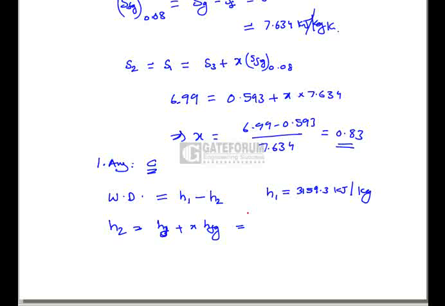But anyway, here H3 is equal to the enthalpy on the saturated line at 0.08 bar, which gives 174 plus X, which is 0.83, into HFG, where Hg at 0.08, that is saturated enthalpy of steam at 0.08 bar, is equal to 2576 minus Hf, which is 174.